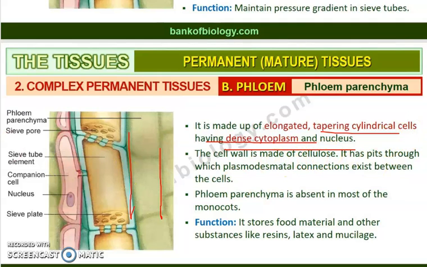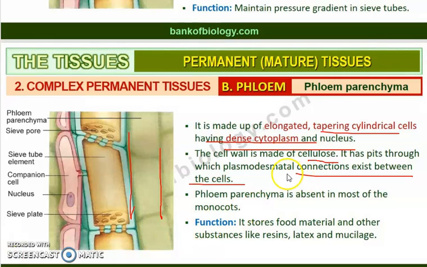It is made up of a substance called cellulose, and it has pits through which plasmodesmatal connections exist between the cells. So in this phloem parenchyma, there are many pits through which plasmodesmatal connections exist between the cells. What is this plasmodesmatal connection?